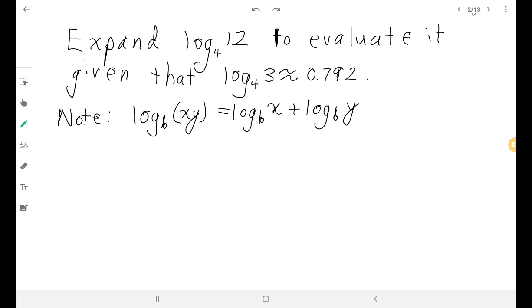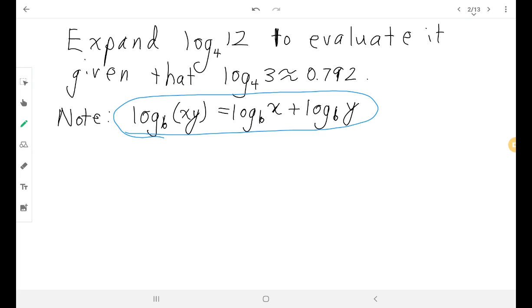So what we're going to use for that is this cool little fact right here, that if you have the log of 2 things multiplied together, then that expands into the log of the 2 things separately added together. So that's what that fact there says.